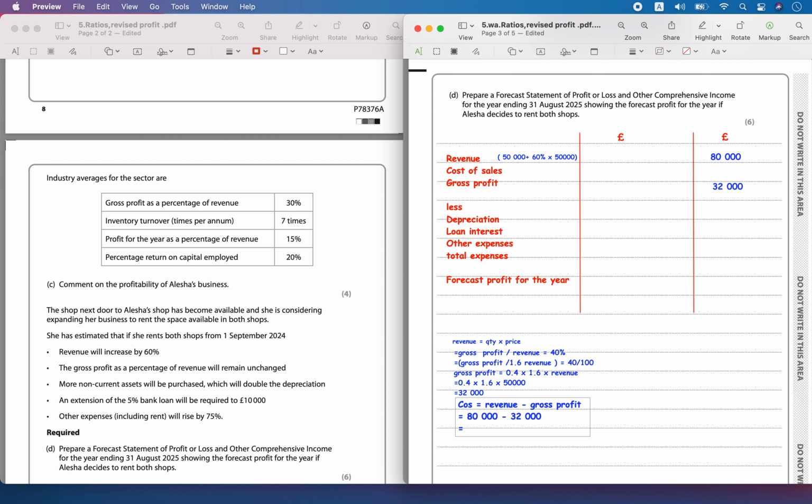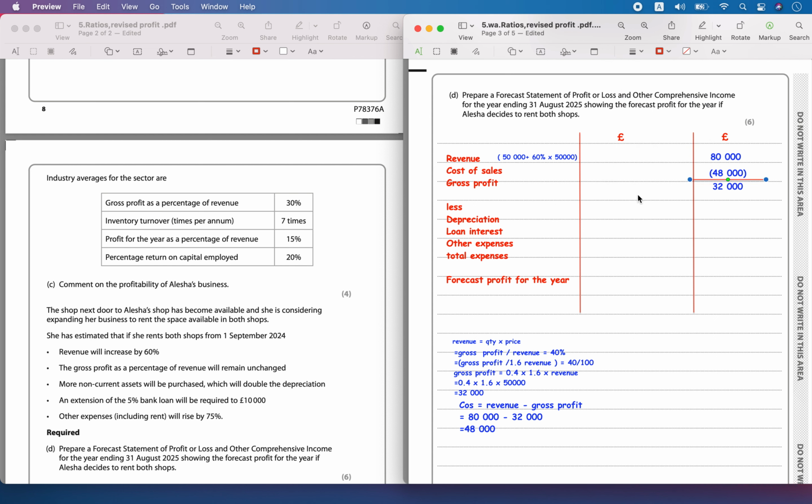So that is equal to 48,000. So let's write 48,000 here. So this was actually subtracted. Revenue minus cost of sales will get me the gross profit which we had already calculated.